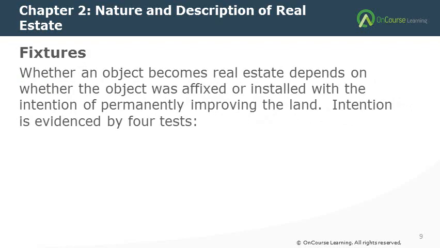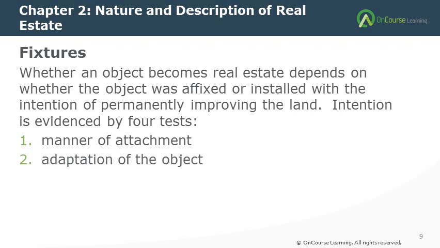Whether an object becomes real estate depends on whether the object was affixed or installed with the intention of permanently improving the land. Intention is evidenced by 4 tests. The manner of attachment, in other words, would removal leave the remaining property incomplete?